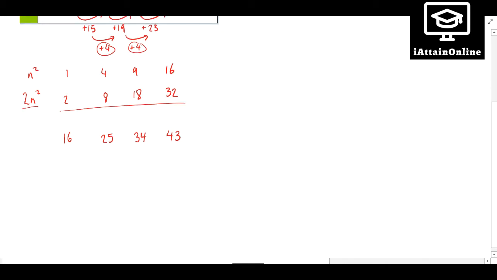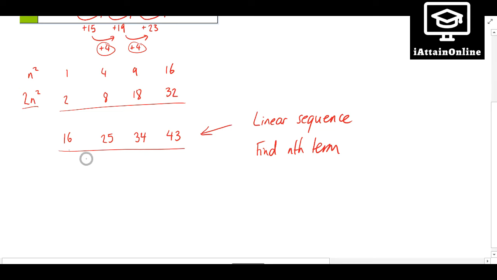Okay, so now this is a new linear sequence. And as before, we're just going to find the nth term of that linear sequence. Do this bit in a different colour. So, each time here we are adding 9, which tells me it is related to the 9 times table.